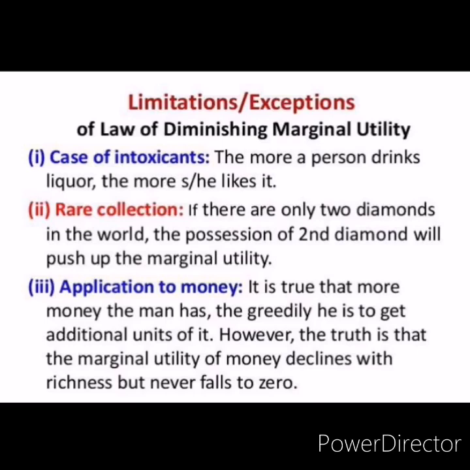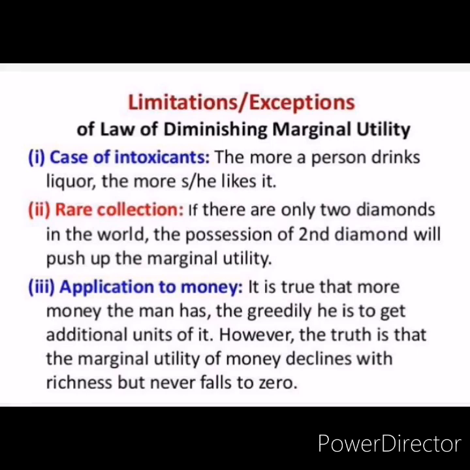It is very true that if a person is a miser, his greed to get additional money will not fall. If he is getting more money, he is receiving more and more satisfaction. That means this law of DMU is not applicable to money also.